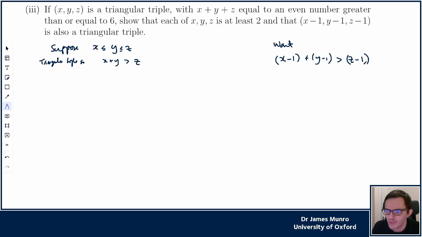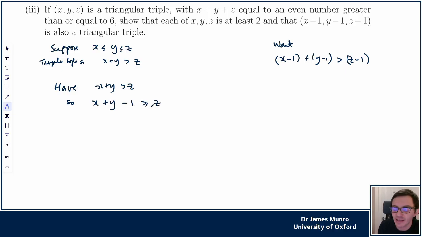Let's see how. So we know that x plus y is bigger than z. So something we can do is that x plus y minus 1 is bigger than or equal to z. So x plus y is a whole number.